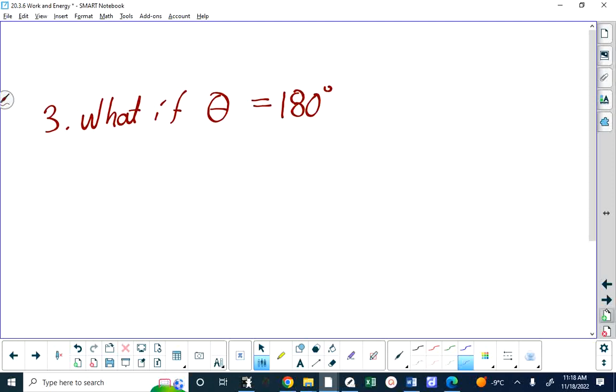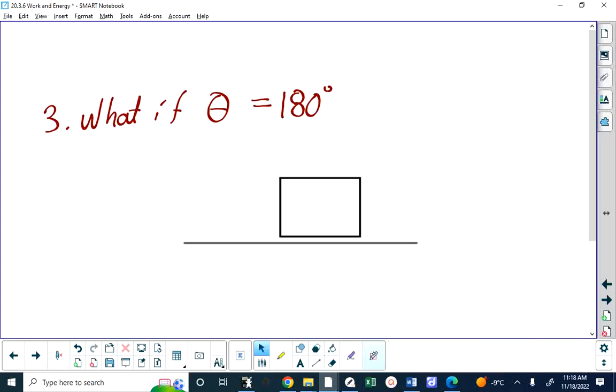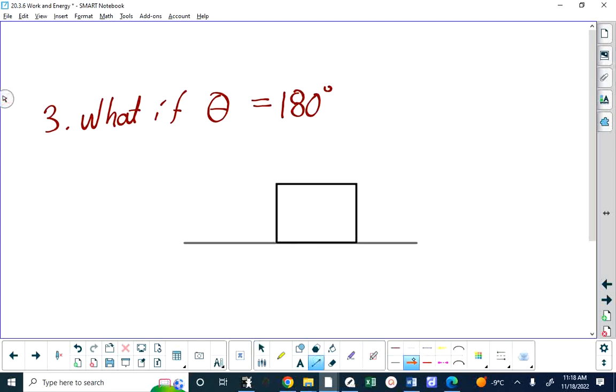It means that we have an object, and again we'll go with the traditional box. We have an object that's resting on a surface, not hovering, but resting on a surface. And it moves this way. Well, there's a force this way, and it moves in the opposite direction. First of all, how can that happen?